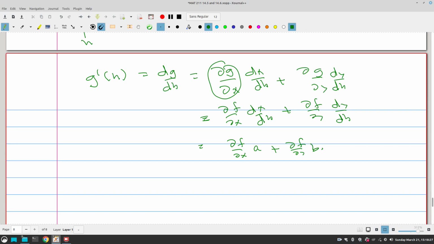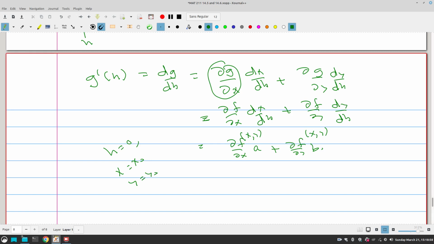And this is at a general x y. But now when you set h equals 0, then x equals x naught and y equals y naught.